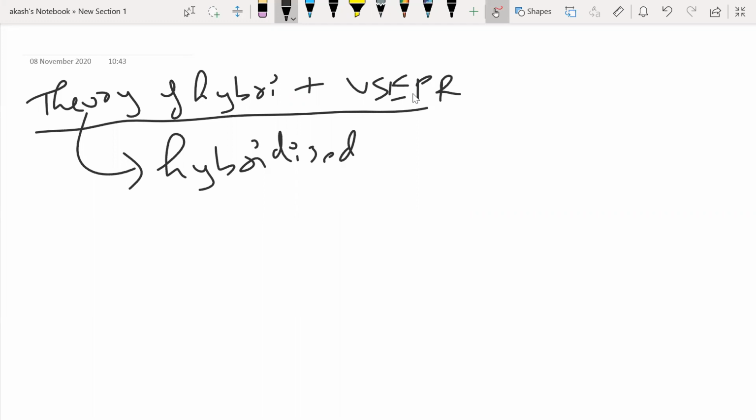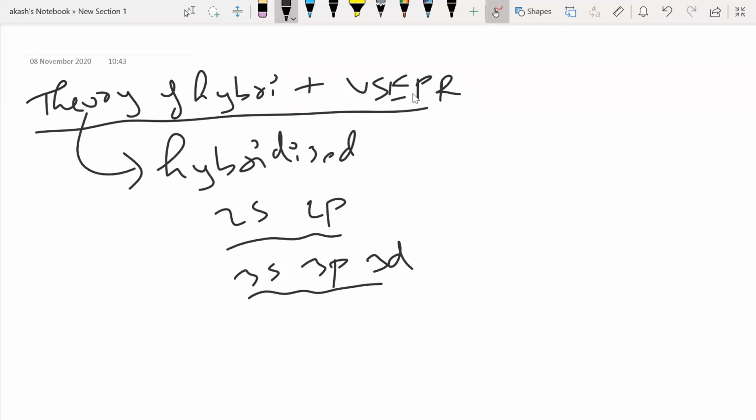In the sense, say I can have 2s and 2p combining. You can see they have almost the same energy. Or say I can have 3s, 3p and 3d combining. They should have appreciably the same energy. Only then they'll be able to undergo hybridization, right?